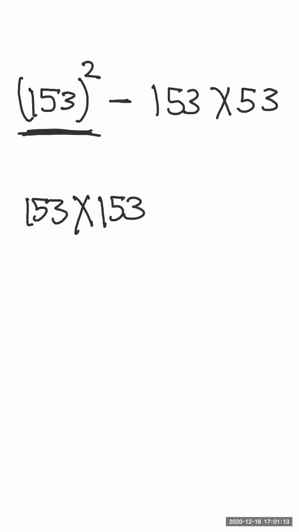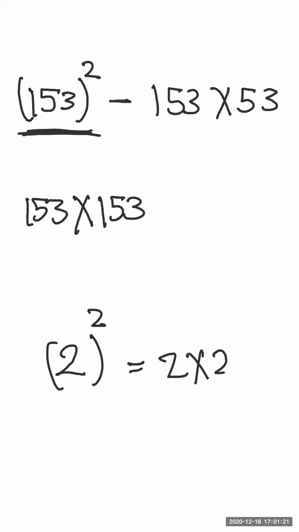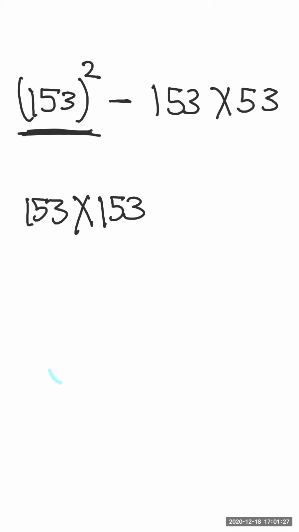Guys, we said that any number squared, like 2 squared, means 2 times 2, right? So the number or the variable squared means the number times itself. So 153 times 153 minus 153 times 53.